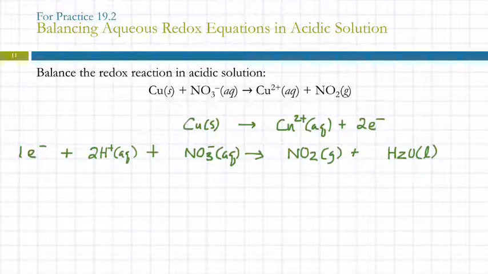I need to fix these equations so that I have the same number of electrons showing in each half reaction. The top one has 2 electrons, the bottom one only has 1 electron. So I need to multiply everything in the second half reaction by 2.